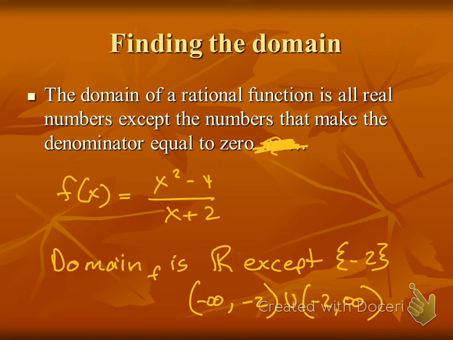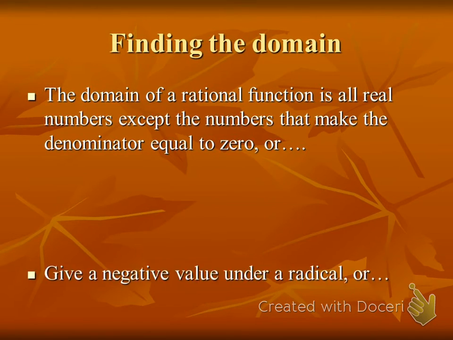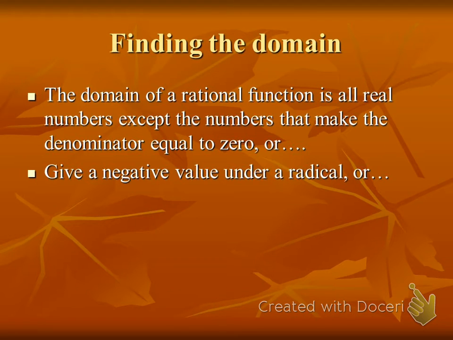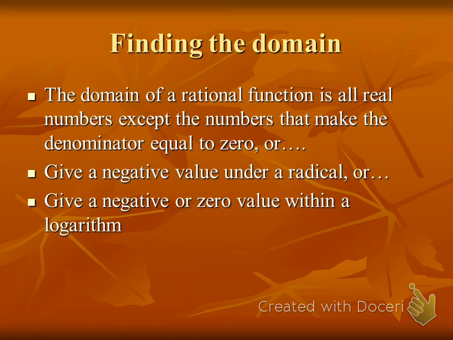Now we want to skip this. The other domain considerations: anything that gives you a negative value under a radical also has to be thrown away from functions. Anything that gives you a 0 or a negative value within a logarithm, the argument of a logarithm, can't be 0 or negative. I don't really care about you knowing or writing these things now.